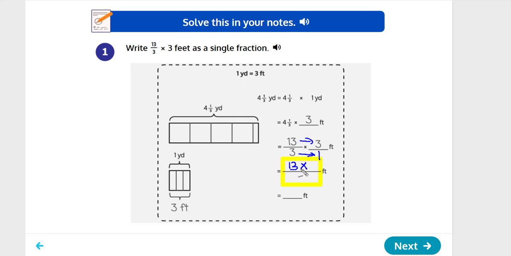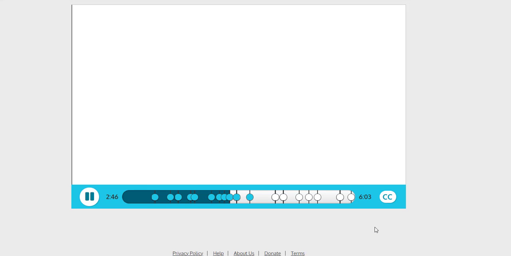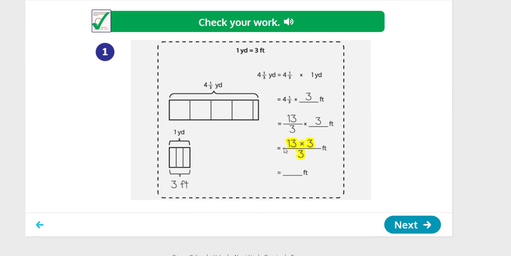So 13 thirds, and because it's just 3 times 1, you can just write 3. 13 times 3 is our numerator, and our denominator is 3. Check your work. Okay, that's what we have.